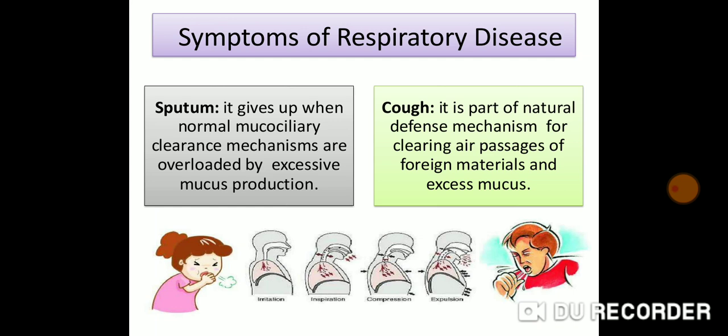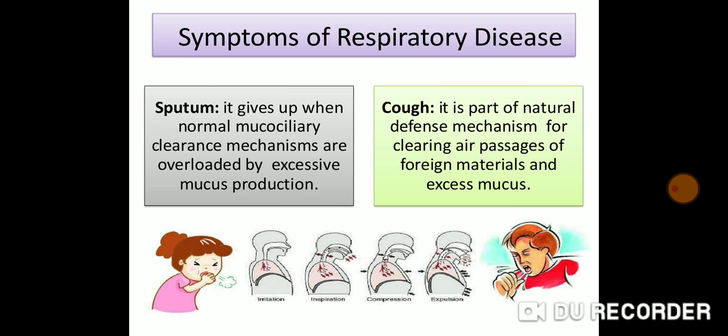So, symptoms of respiratory diseases. Respiratory diseases commonly present with sputum or cough. Sputum is given up when the normal mucociliary clearance mechanism is overloaded by excessive mucus production.